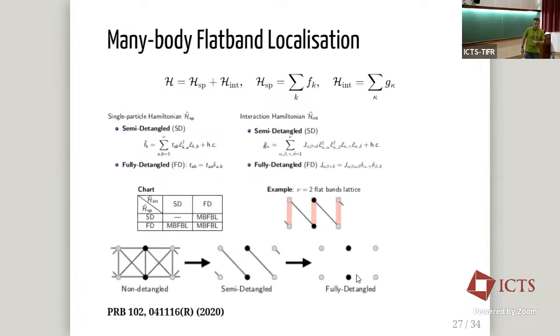This actually can be generalized. That's what we dubbed many-body flat band localization. Basically, there's a prescription for how to combine the all-band flat single particle Hamiltonian and the interaction so as to end up with suppressed charge transfer.